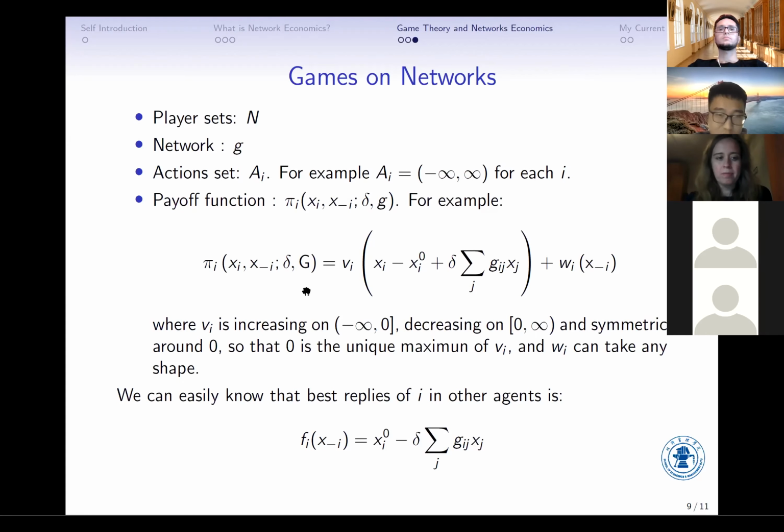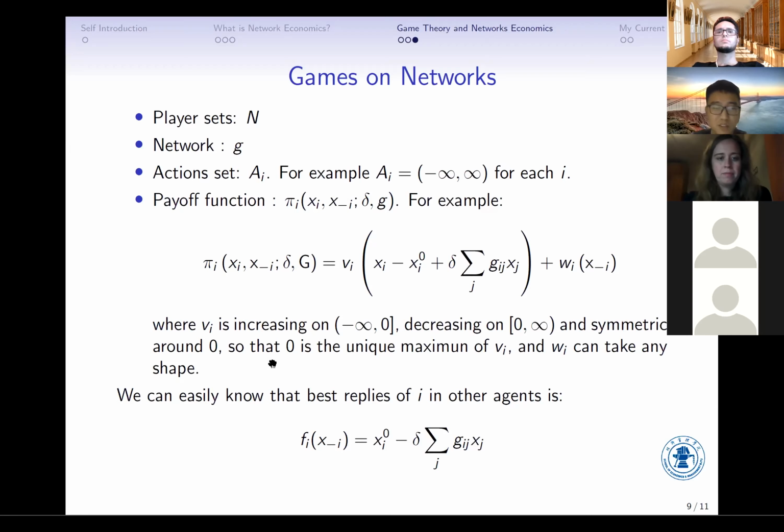So we can see a simple function like this, and vi is increasing from negative infinity to 0 and decreasing from 0 to positive infinity, and symmetric around 0.